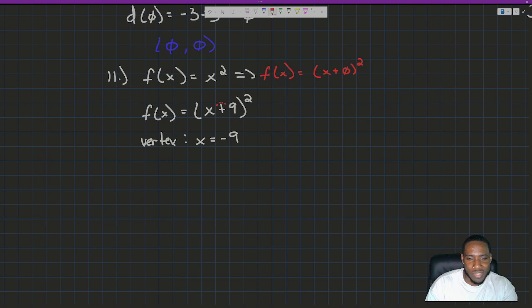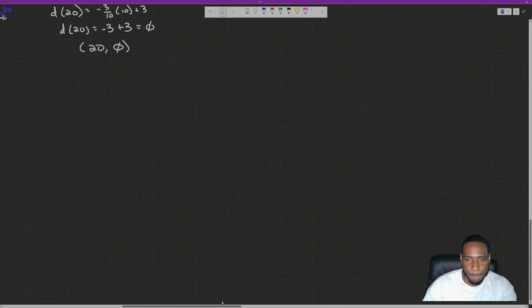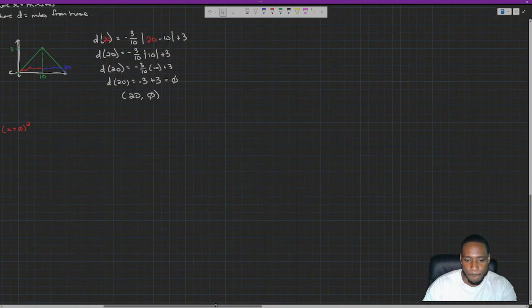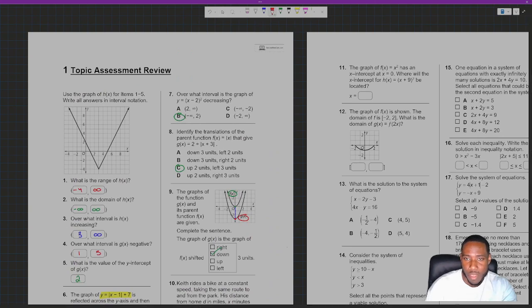So that plus sign indicates to us a horizontal shift 9 units to the left. Okay, so our vertex is going to sit at where x equals -9.